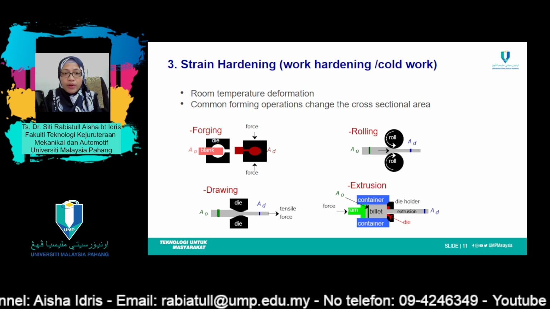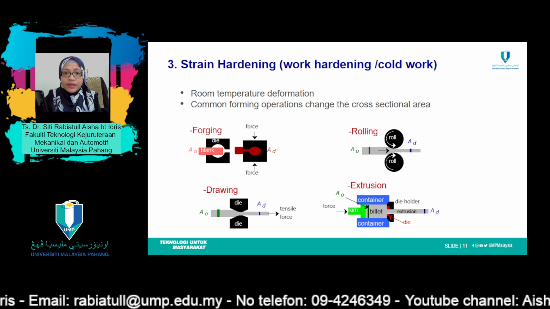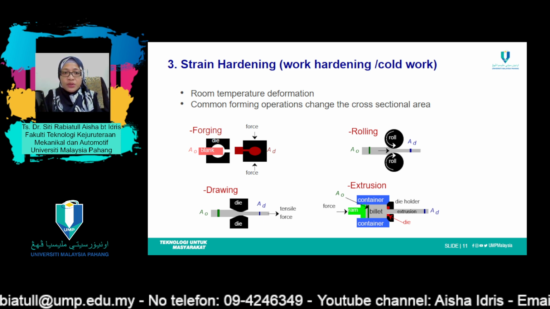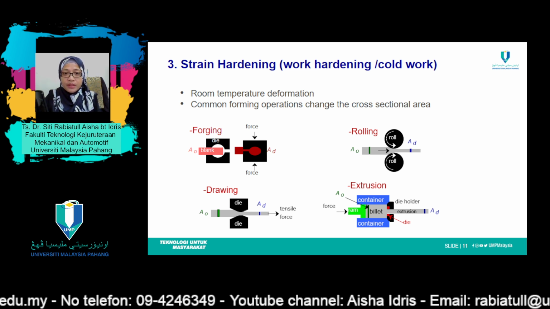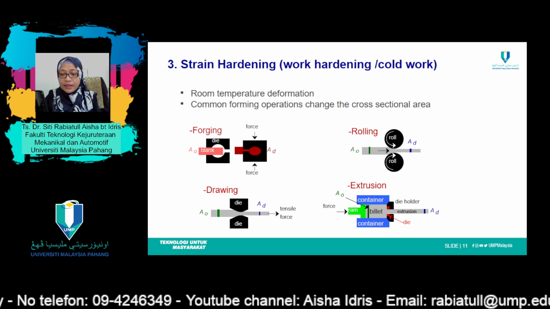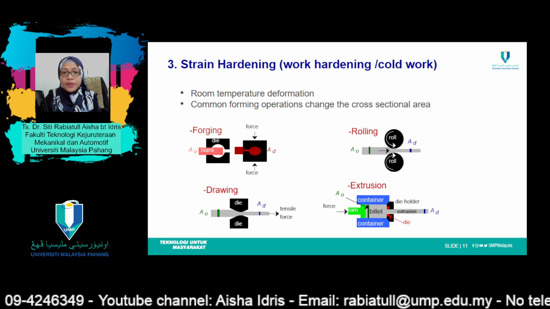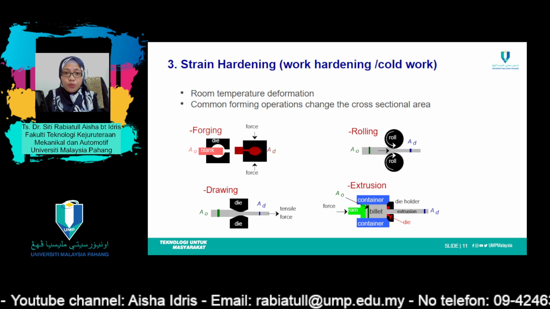So in summary, for topic A just now, we have discussed the three mechanisms that may be used to strengthen and harden single-phase metal alloys, which are strengthening by grain size reduction, solid solution strengthening, and strain hardening. Of course, they may be used in conjunction with one another.